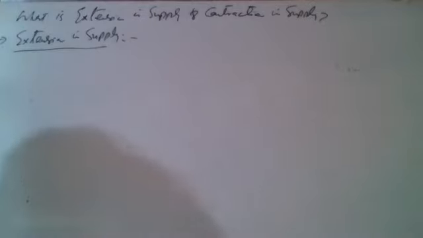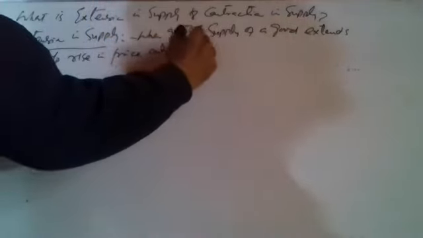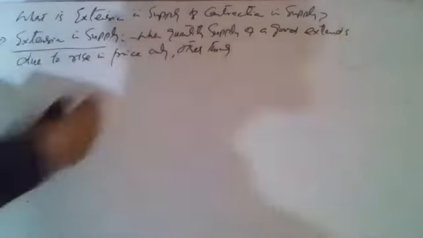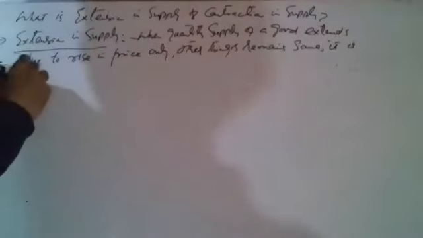So you write down the answer for extension in supply. When quantity supplied of a good extends or increases due to a rise in price only, other things remaining the same, it is called extension in supply.